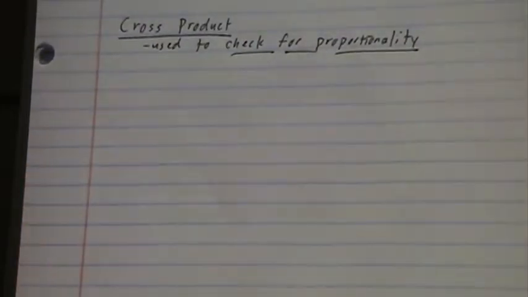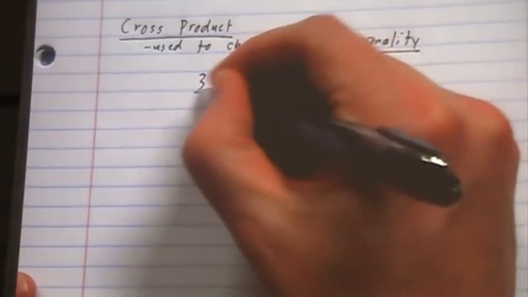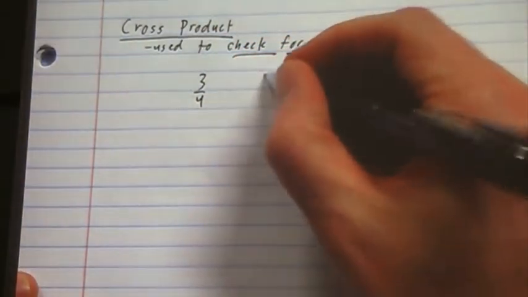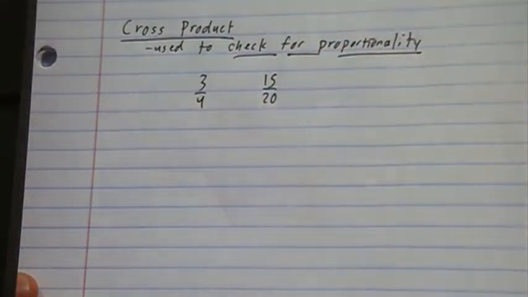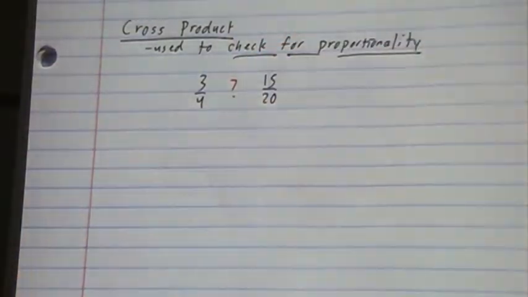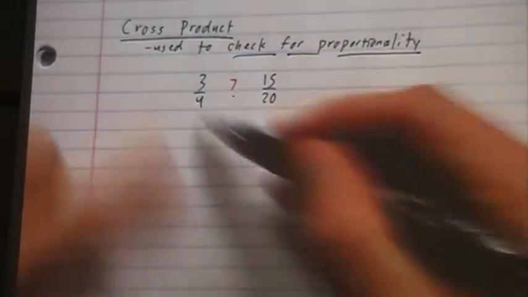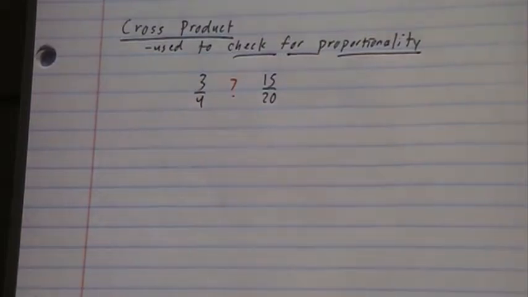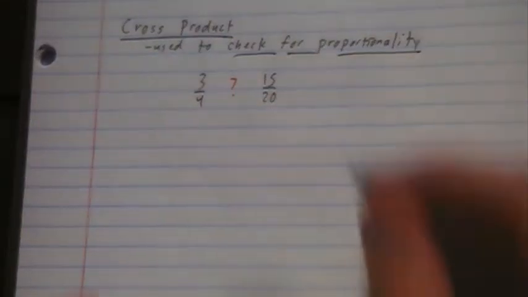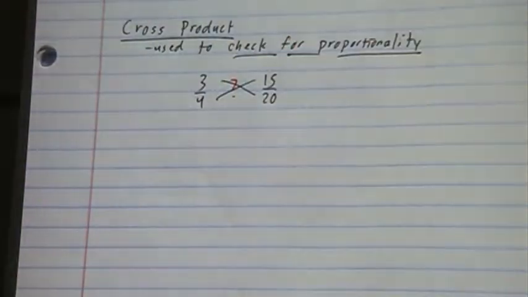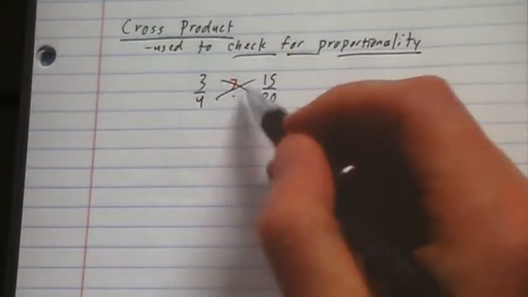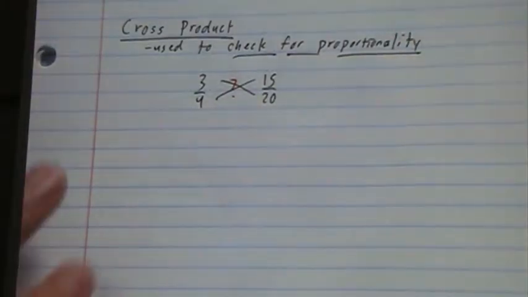Here's what it might look like. You're going to be given a couple numbers, maybe 3/4 and 15 over 20. And you're supposed to figure out, are those proportional? Remember, proportional means equal fractions. Now, you could reduce both of these. Not going to lie, that's one strategy. But with a cross product, you just quickly multiply in an X pattern, and that's how you get the name cross.